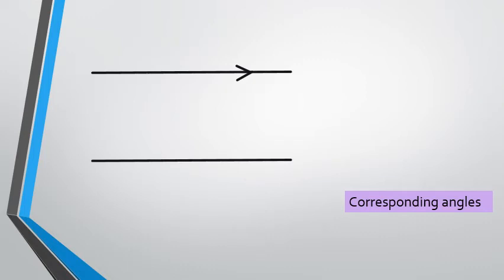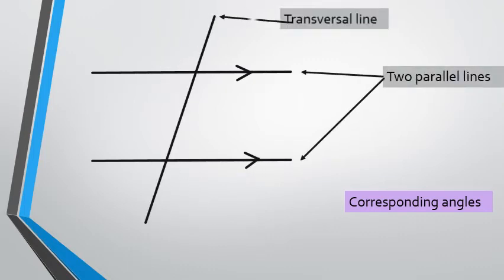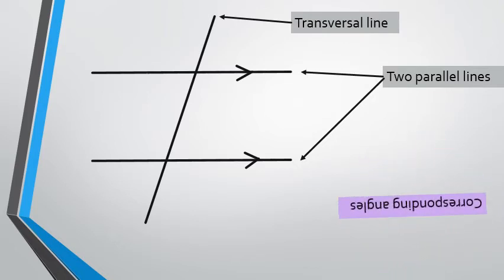Let's go for the third kind of angles, the corresponding angles. Let's quickly design again our parallel lines and transversal line, and there is our first set of corresponding angles.